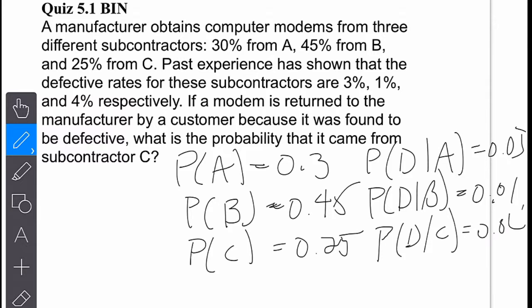What do I have? And then what I want to find out is, if it's defective, what's the probability that it came from C? So rather than talking about the results, the outcomes at each of the labs, what's the probability that it came from C if it's in fact defective?